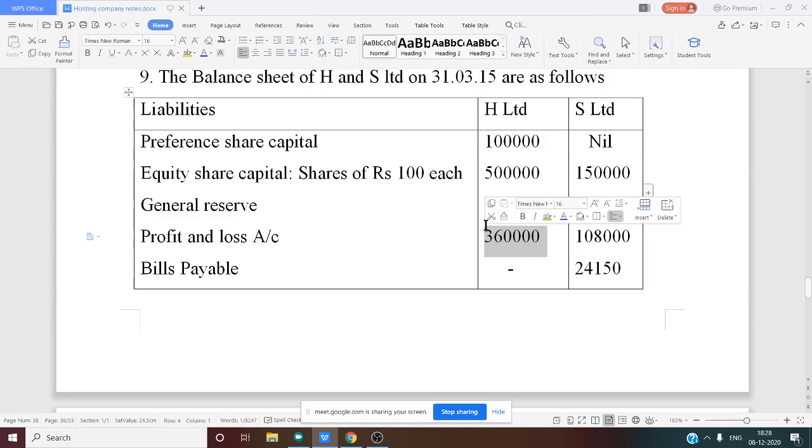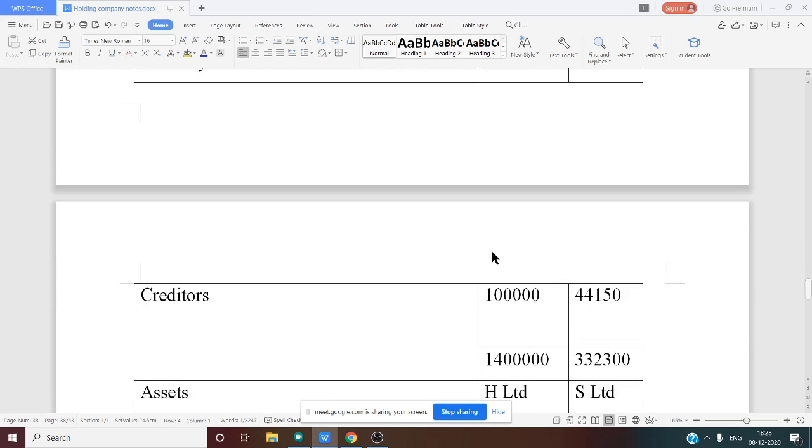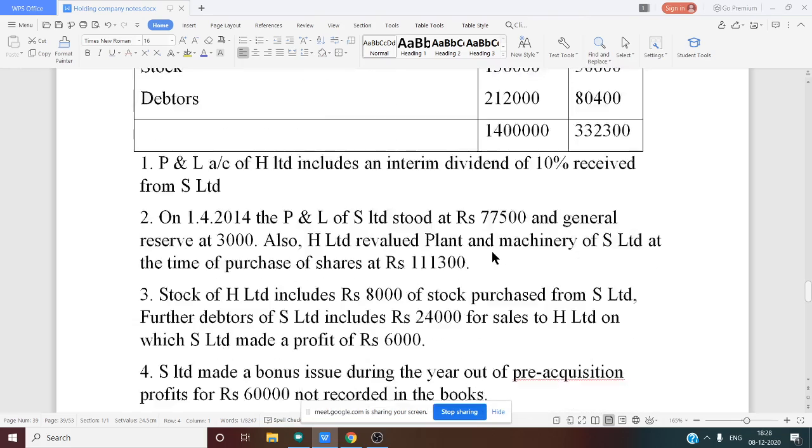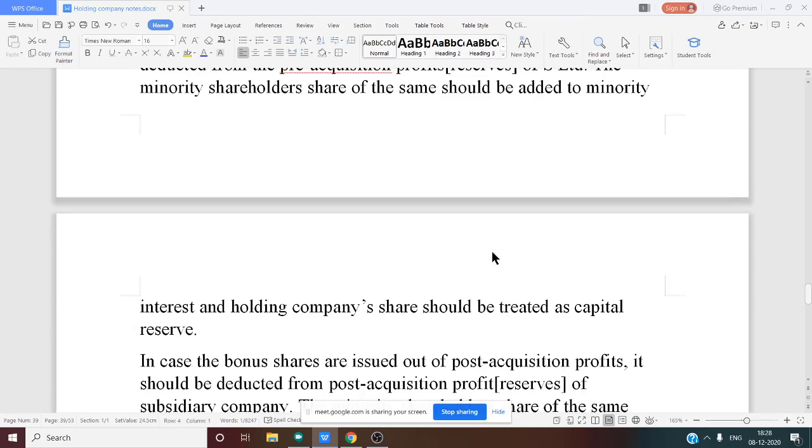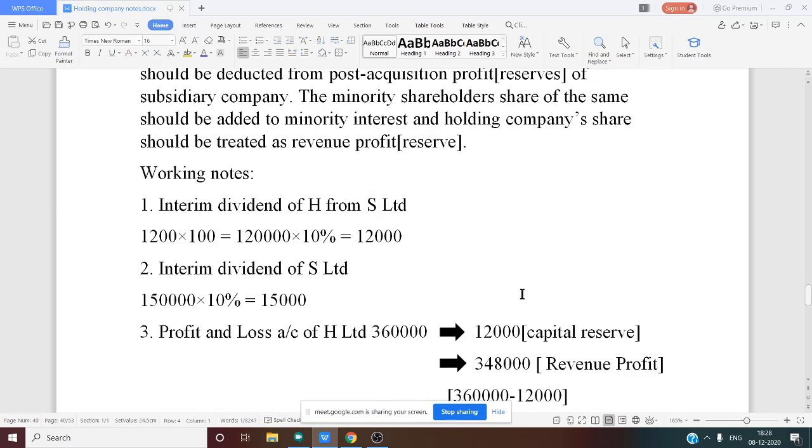We are talking about the holding company. So the holding company P and L, if you see, is 3,60,000. Out of that, the interim dividend to the holding company, 12,000, is capital profit. So you have to show it separately as capital reserve, that we have taken separately, 12,000.